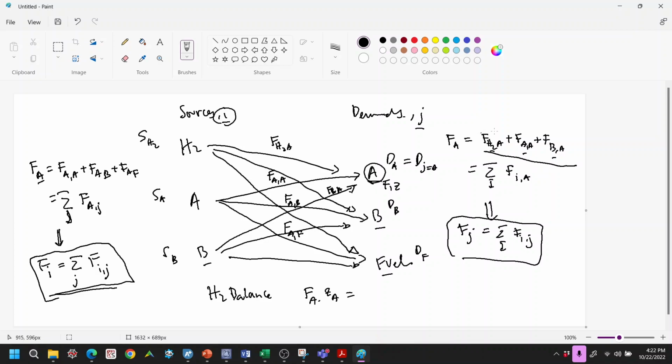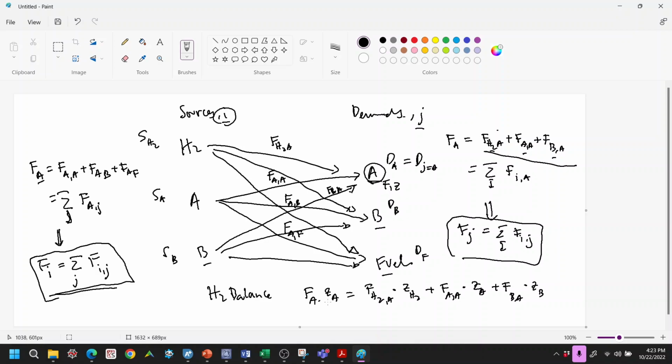So this is multiplied with F hydrogen to A times the concentration of hydrogen in hydrogen, plus Fa to A multiplied with the concentration of the sources of A, and then plus Ba times the concentration of B.